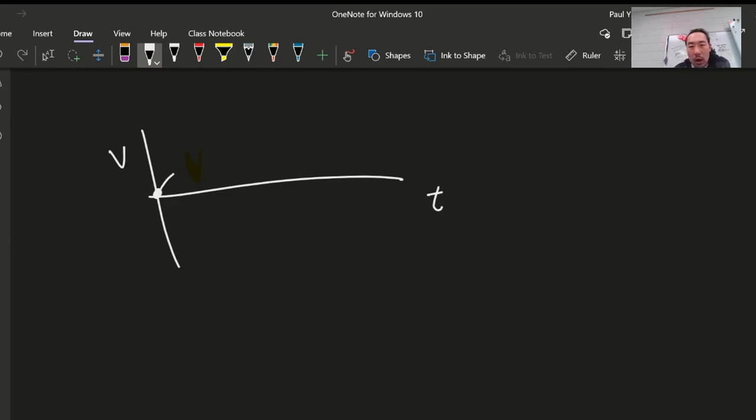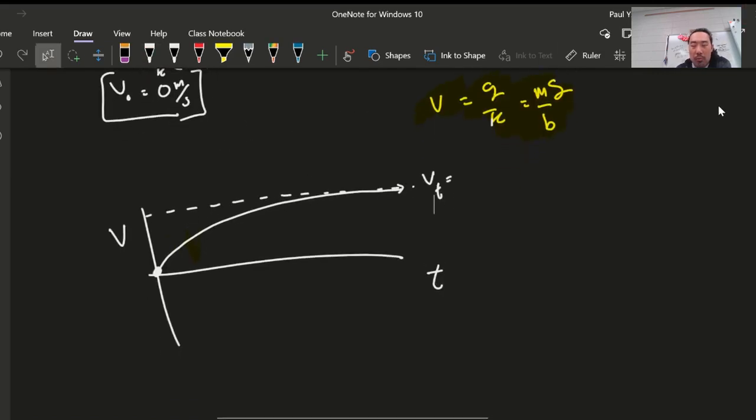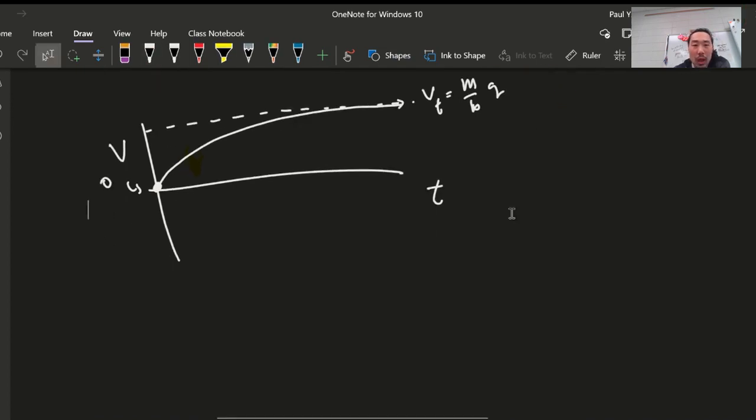It's going to go up, and it's going to have an asymptote like so, where this asymptote is our terminal velocity, and we said that our terminal velocity was m over b times g. And your initial velocity here is 0, because that's where we first released it.